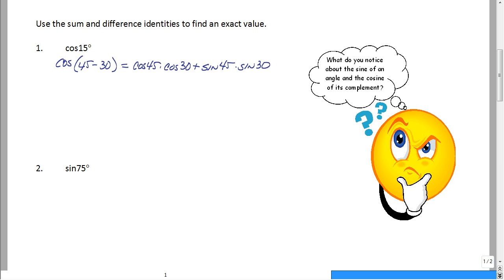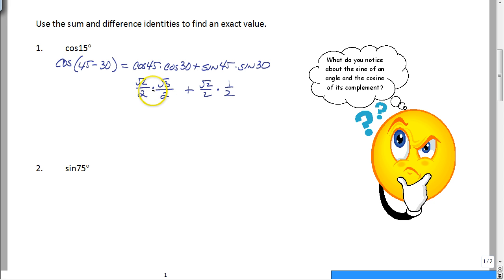So the cosine of 45, we know, is the square root of 2 over 2. The cosine of 30, we know, is the square root of 3 over 2. Plus, we know that the sine of 45 is also the square root of 2 over 2 times the sine of 30 is 1/2. Now all we have to do is simplify from here.